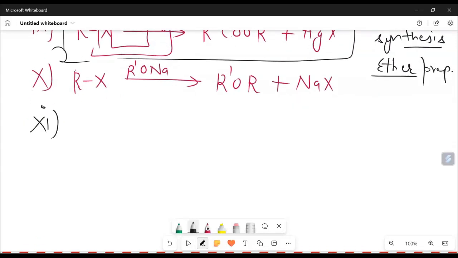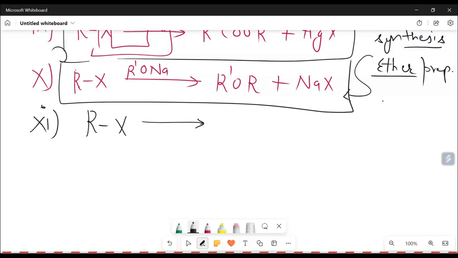The 11th reaction is R-X reacts with R-ONa. We have already done that. So this is Williamson synthesis, basically this one. Ether preparation.